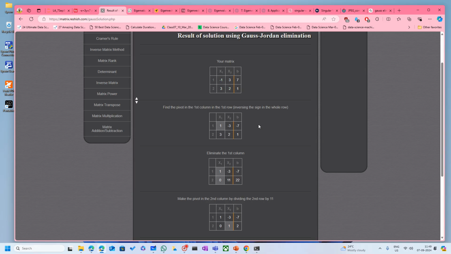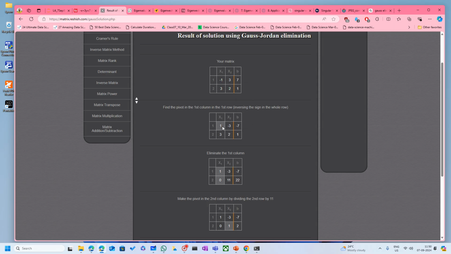Actually, there is one more step missing here. You have to multiply the first row by 3 and then subtract. Only then will you get 0. If you multiply by 3, this becomes 3, this becomes -9, and this becomes -21.